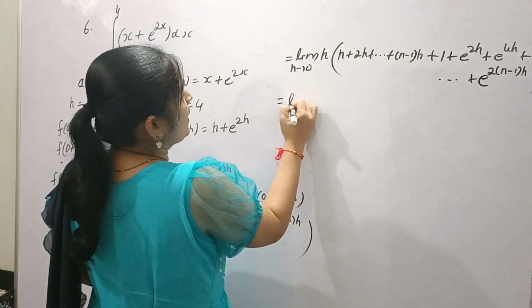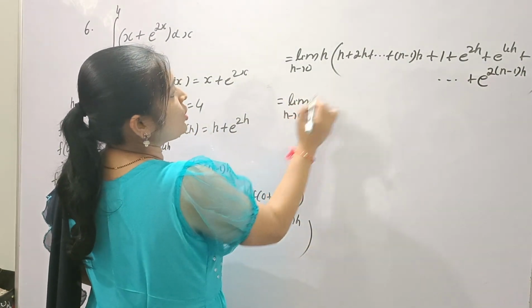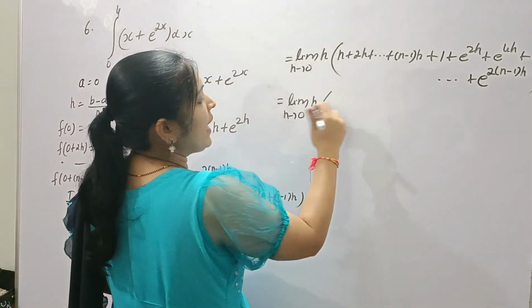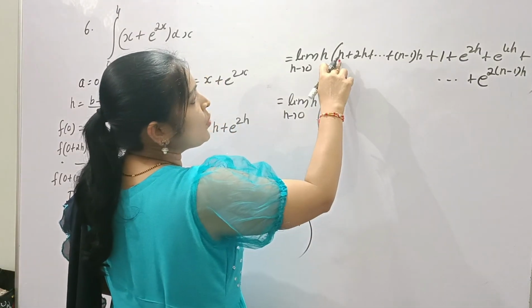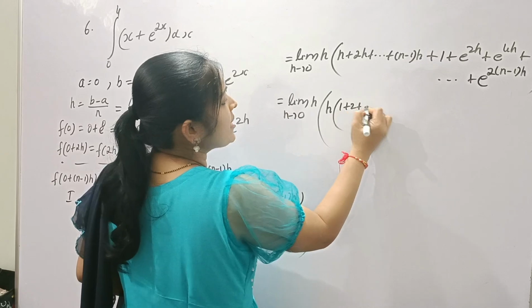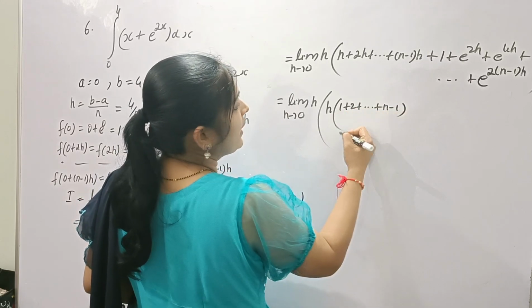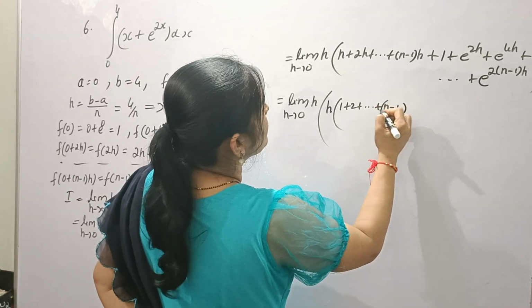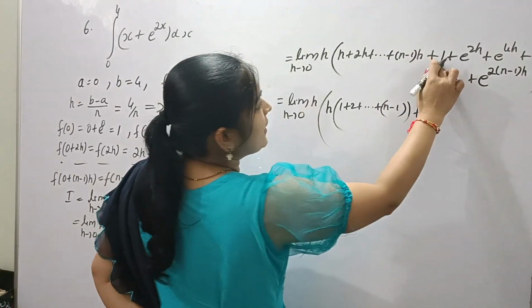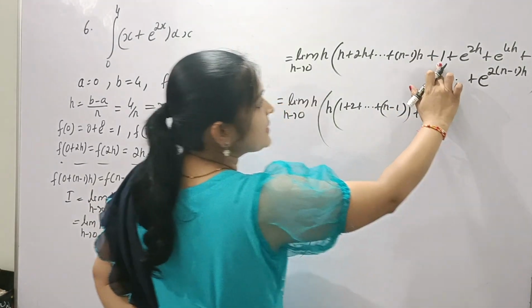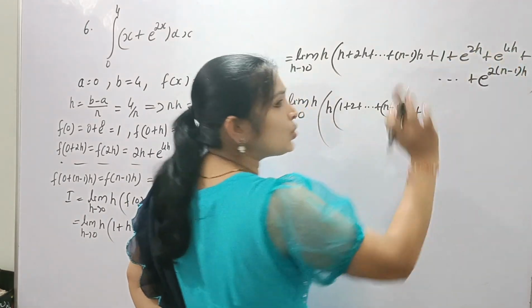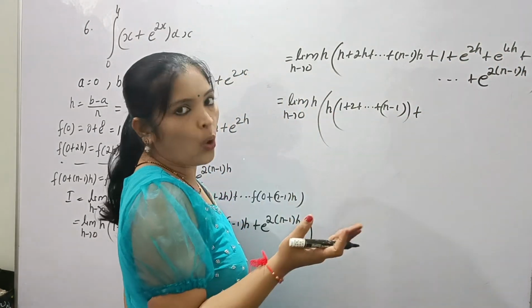Then limit h tends to 0, h into, here h is common, so we can take it out, h into 1 plus 2 plus etc. plus (n minus 1), plus 1 plus e raised to 2h plus e raised to 2 into 2h, that is e raised to 2h whole square.